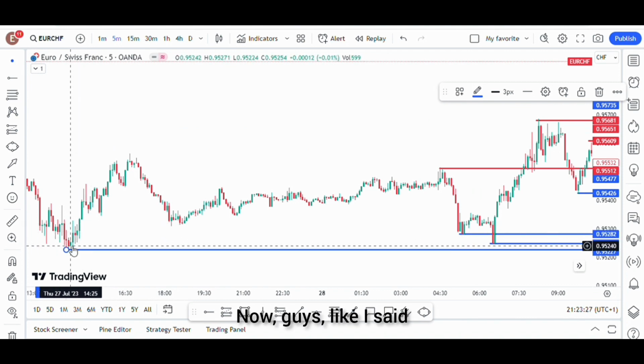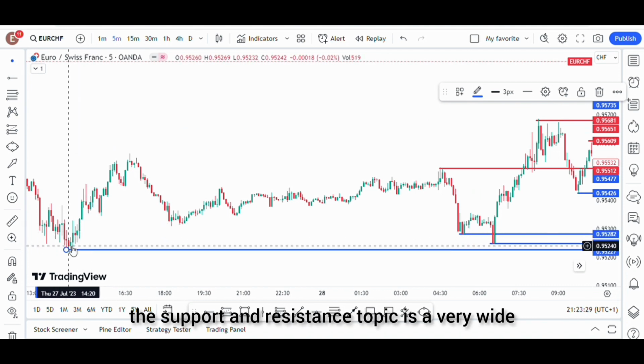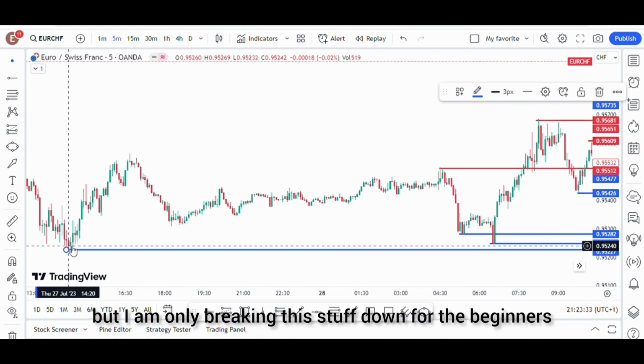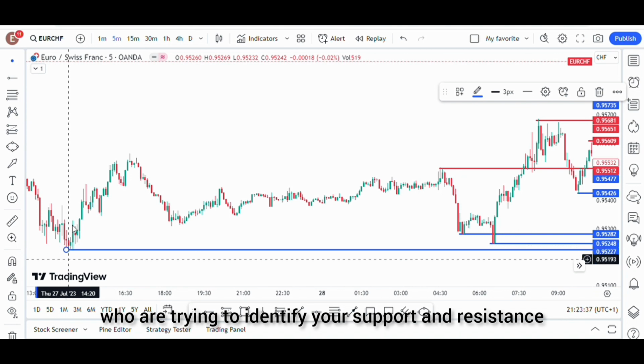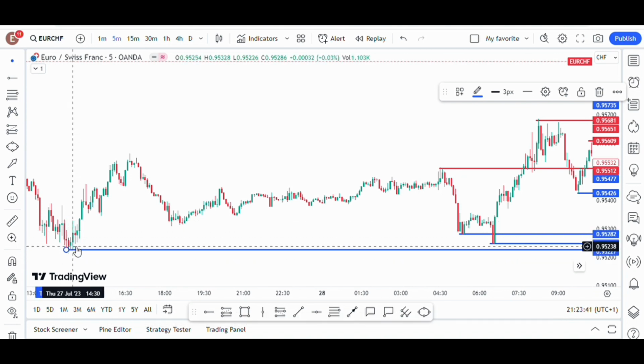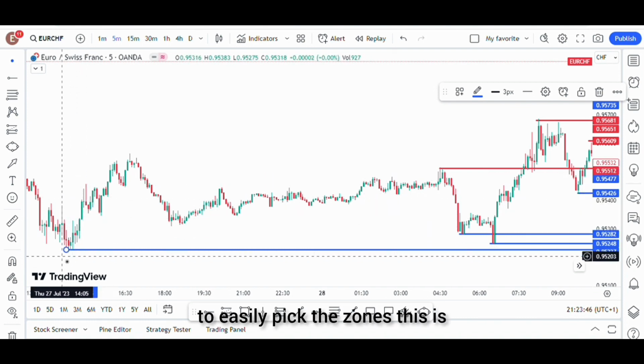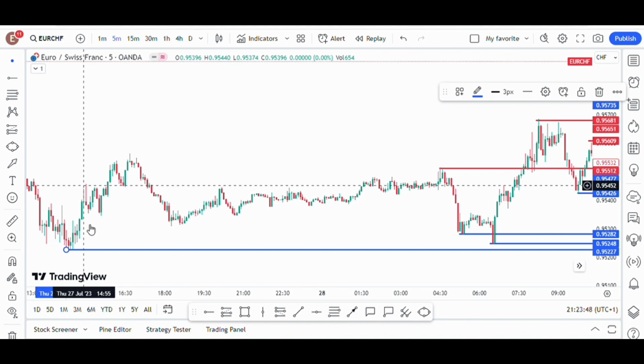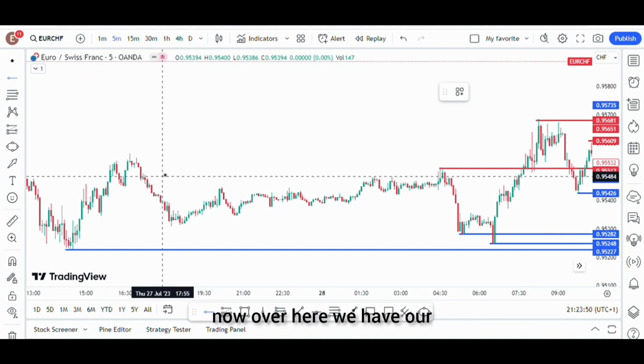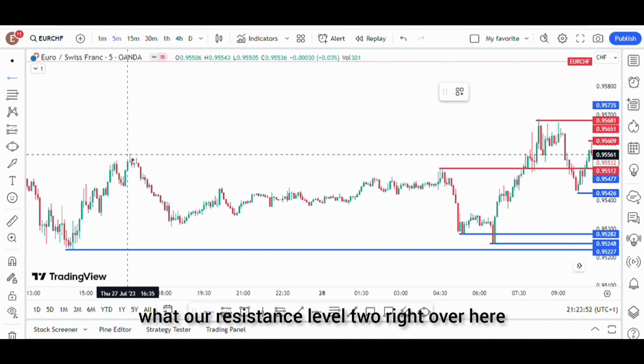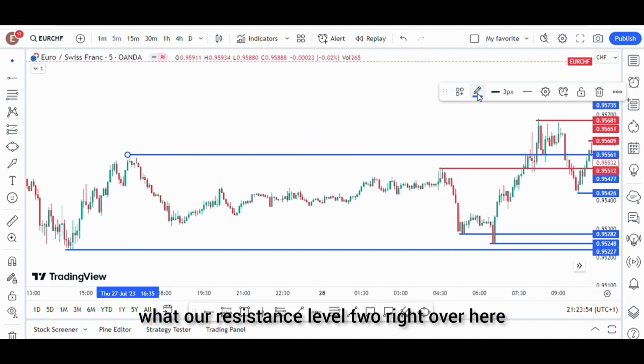Now guys, like I said, the support and resistance topic is a very wide and complex topic, but I am only breaking this down for beginners who are trying to identify support and resistance, to easily pick the zones. This is what I am doing. Over here we have our resistance level right over here.